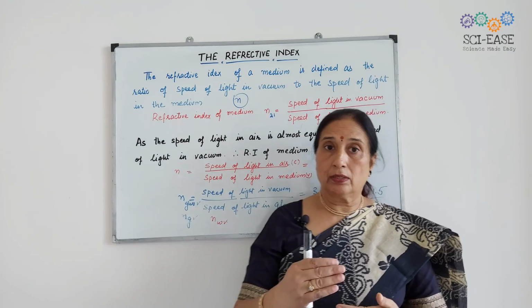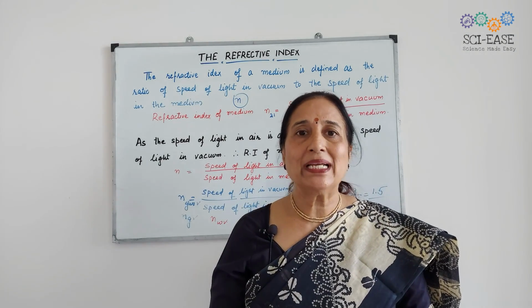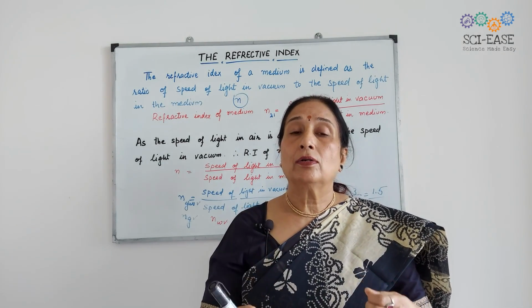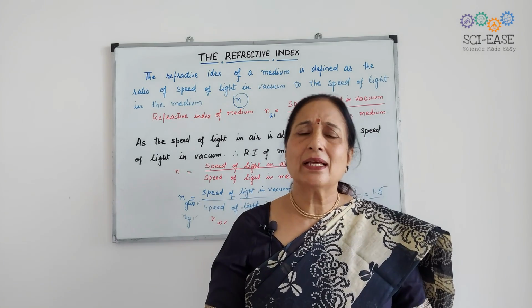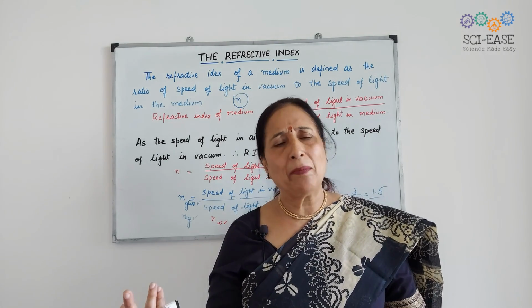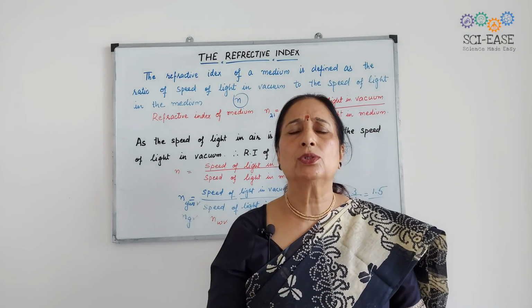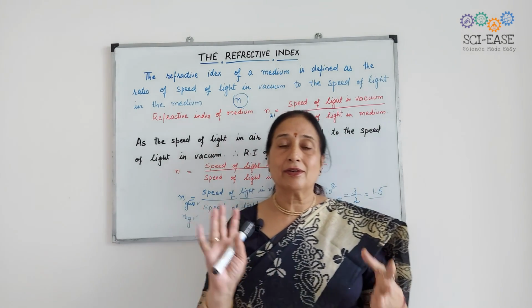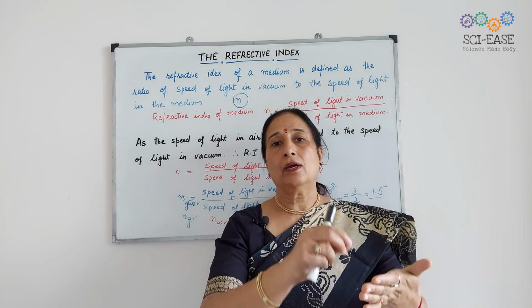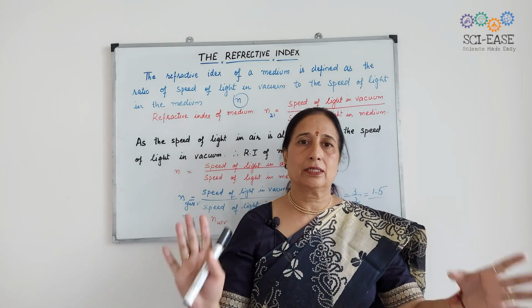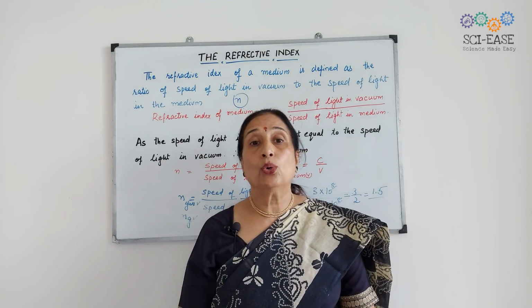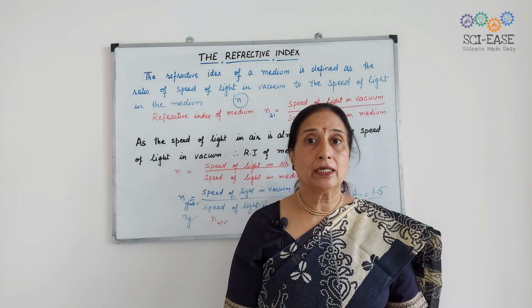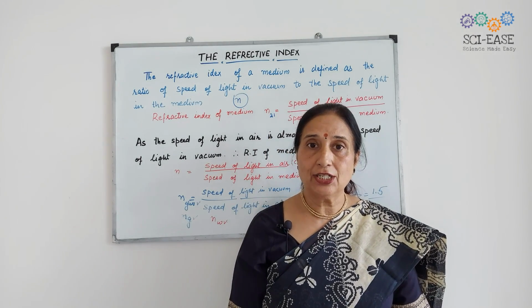You need not memorize it, but these things can be remembered also. For 2-3 media you can remember the refractive index of air, water or glass. That's it. So with this, my topic refractive index is finished.